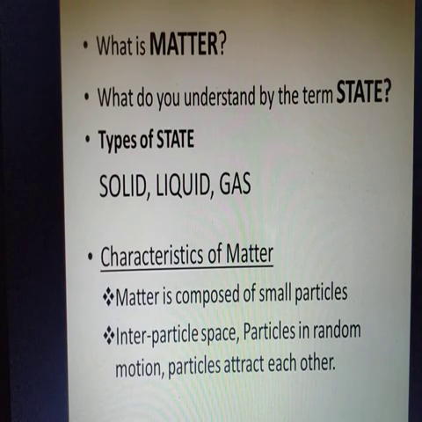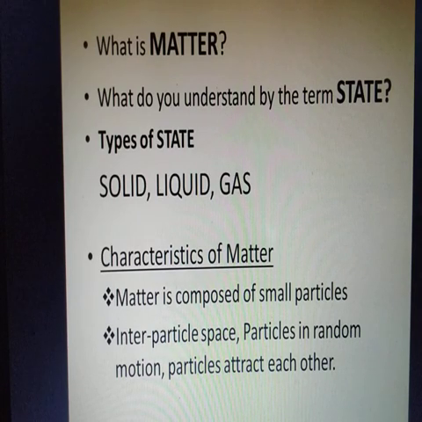Example, you can write chair, table, air, food, bag, shoes, dress, whatever your choice, you can give examples. And remember, in class 8, each and every definition needs to be accompanied by an example.